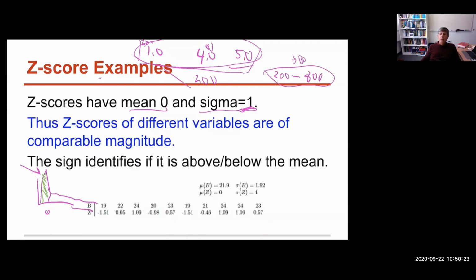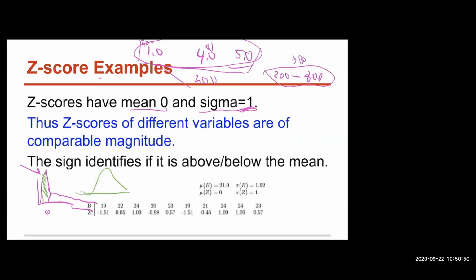But if it still has a weird distribution, it probably won't function as well as a feature as if it were a more normal distribution. Maybe if I took the log of this, it would look more bell-shaped, and then I took the z-score of it. Maybe that would be a better feature to have. Any questions?